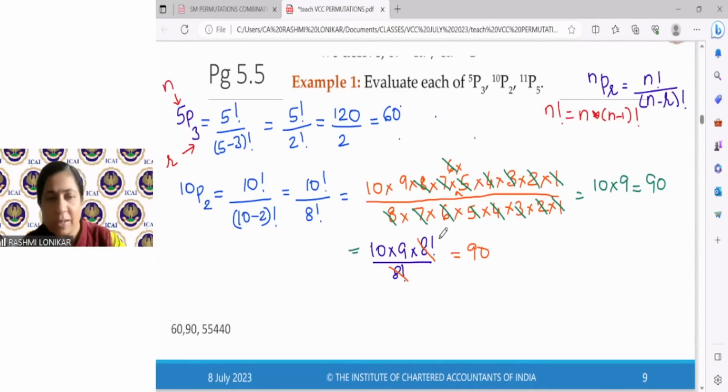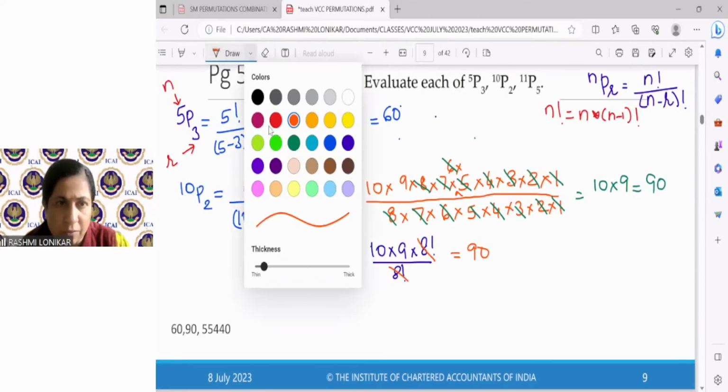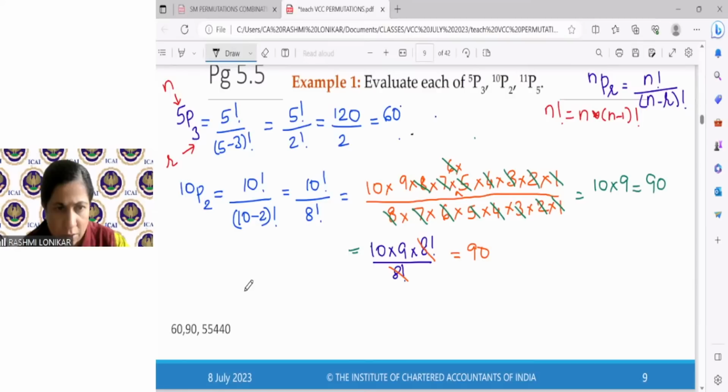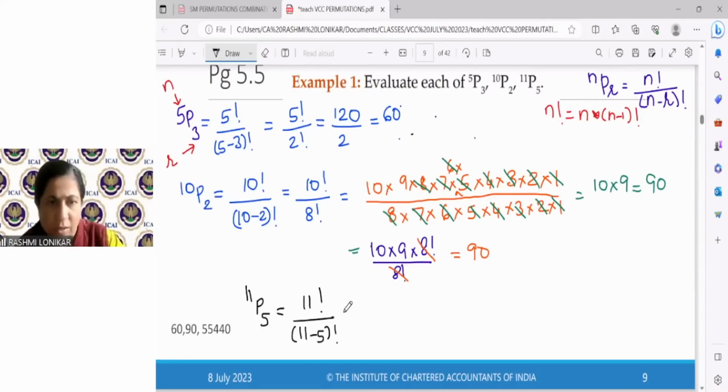Now the third one is 11p5, which is equal to 11 factorial upon 11 minus 5 factorial, which is equal to 11 factorial upon 11 minus 5 is 6 factorial.